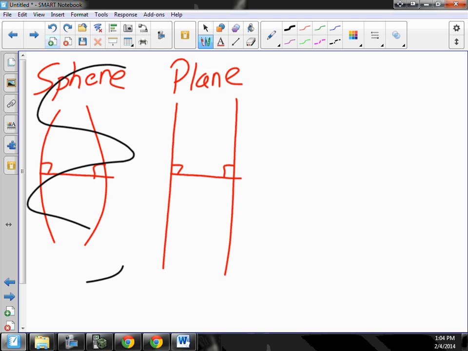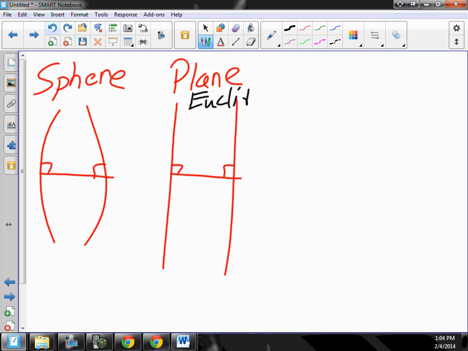Now here's the great lie that we've been telling you all along. You have been doing planar geometry. Geometry on a plane. And because Euclid came up with the fifth postulate, we actually call it Euclidean geometry. Have you ever heard that term? Euclidean geometry means perfectly flat. So you guys understand Euclidean geometry.